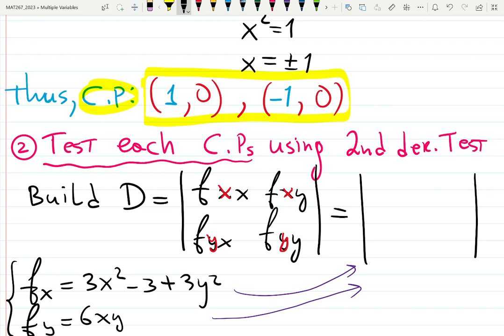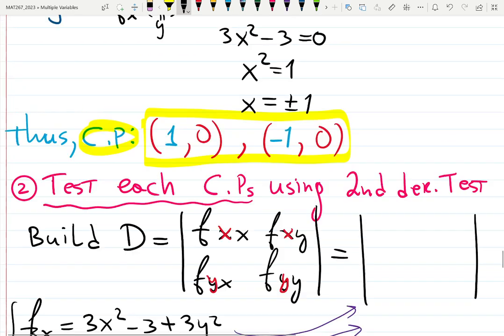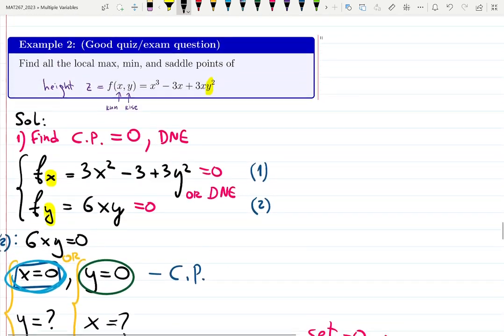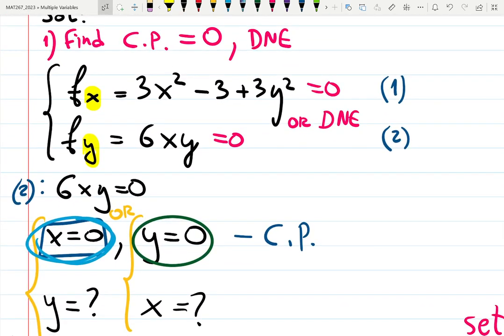Yes? Okay, what happens if your second equation isn't simple enough, like 6xy, to get the x and y? Oh, the solving part. You're asking what if solving is hard? Yeah, that happens. A very good question. It seems like we solved so easily, but what if solving was not easy? Then you basically struggle and cry. We all struggle and cry.